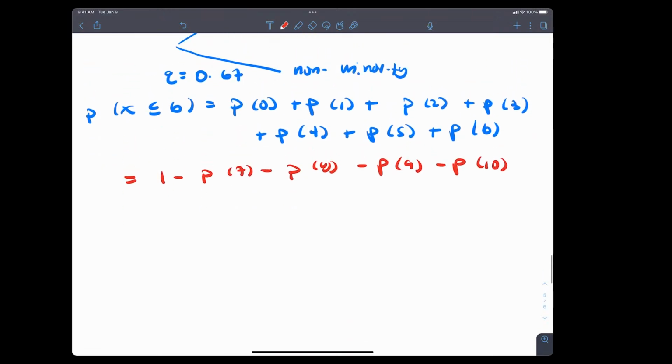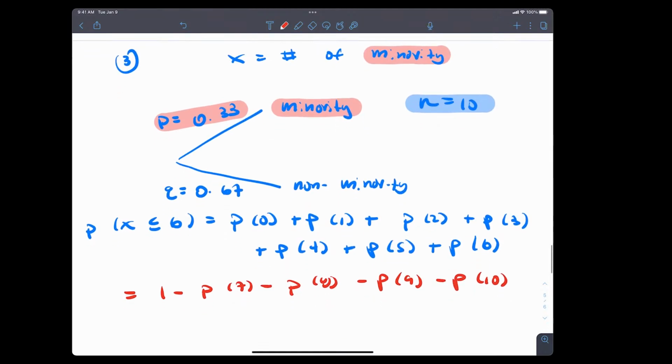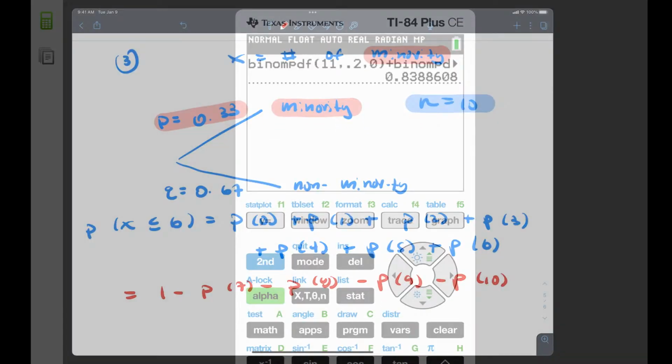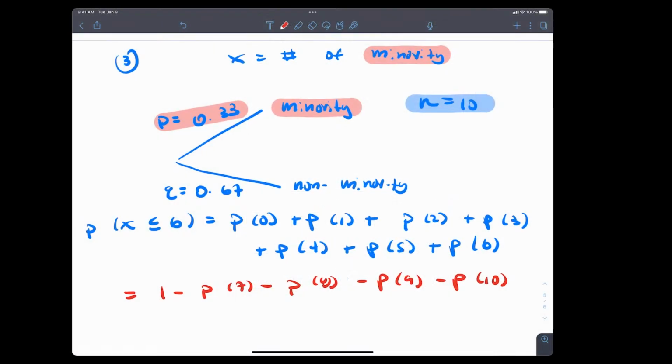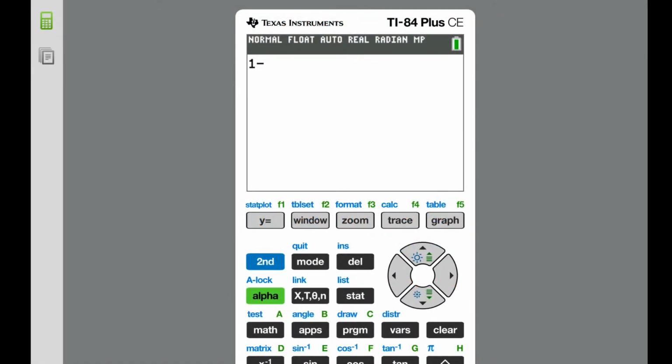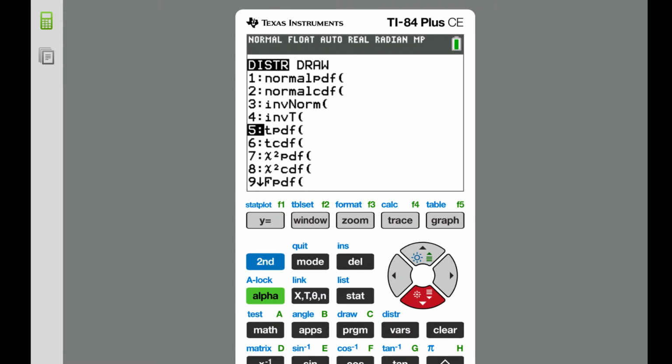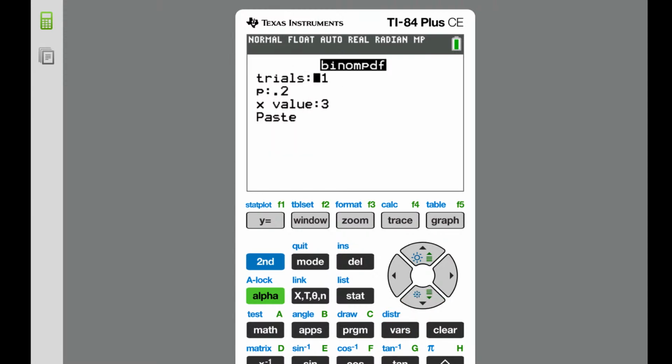So we're going to enter this in the TI calculator now, for number 3. Here's number 3. Let's clear this out. 1 minus. You want to start that off because that's what this is here. 1 minus. Now p of 7. So you say second distribution, binomial PDF, which is A. N got changed back to 10.